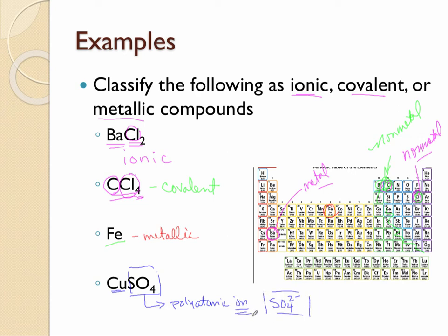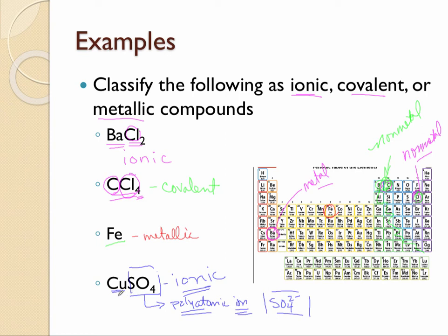It's called an ion. So what kind of bond do you think is involved? Hopefully you guessed correctly, ionic. All right? So an ionic bond will have these polyatomics in them.